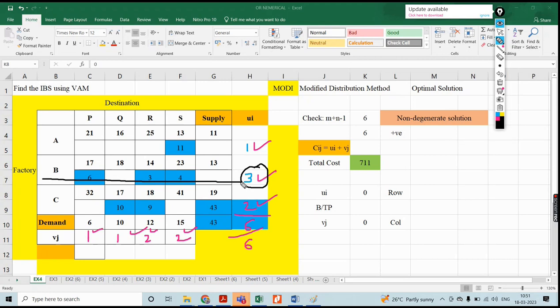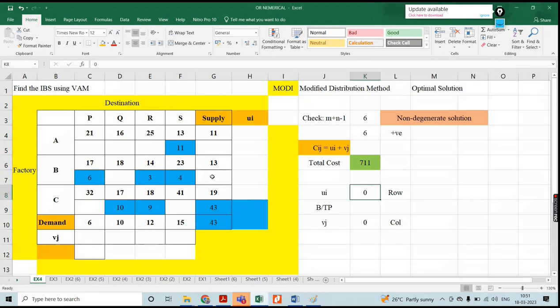Any doubt on it? If you have a doubt, you can ask. For this row, it is 3. The maximum allocation happened with respect to the transportation problem. You have to take the maximum allocation, which is 3 here.